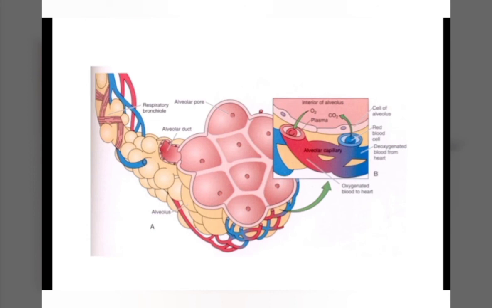Ultimately, the bronchial arteries break up into capillaries at the level of the respiratory bronchioles, and these capillaries anastomose with the branches of the pulmonary artery, and most of the blood carried in the bronchial arteries returns via the pulmonary veins. Some blood, however, is drained into the bronchial veins, which are tributaries of the azygos system.